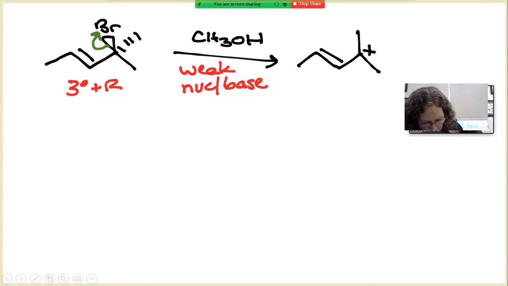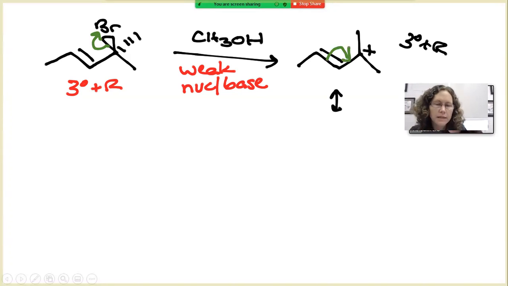Again, this is a tertiary plus resonance carbocation, very stable. But the key thing to note here is that we can have resonance. The resonance is important because it could lead to multiple carbocations and therefore multiple products. So let's draw out our other resonance contributor, where we have the allylic positive charge pattern occurring.